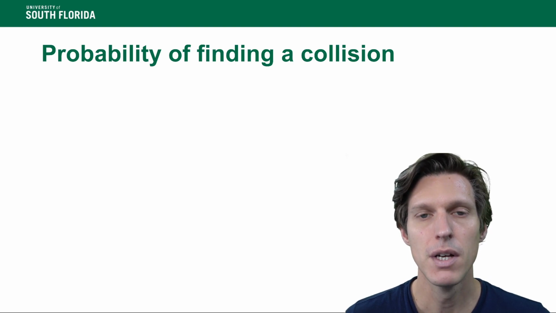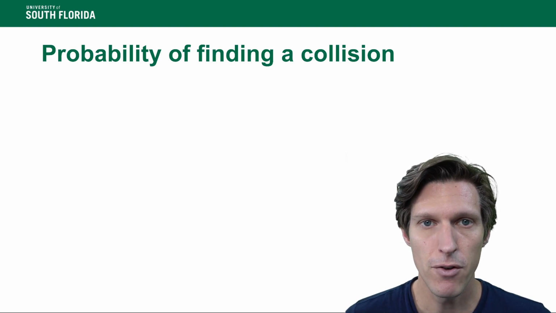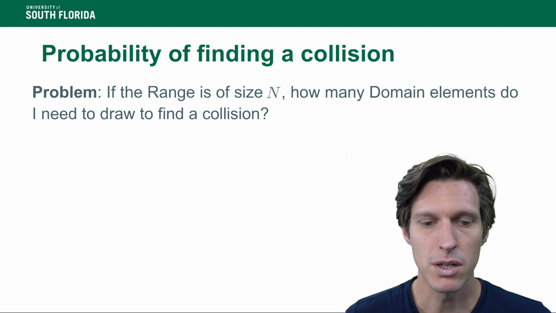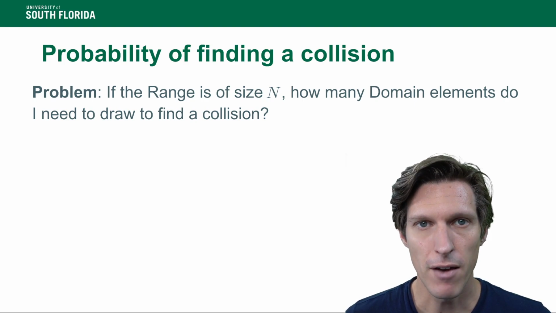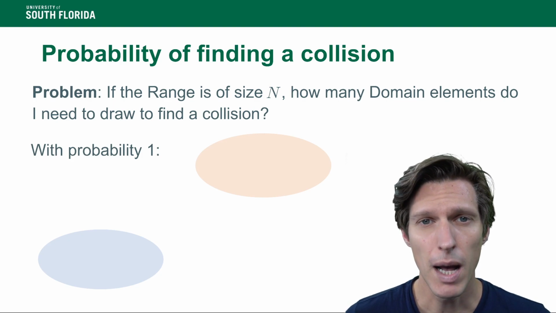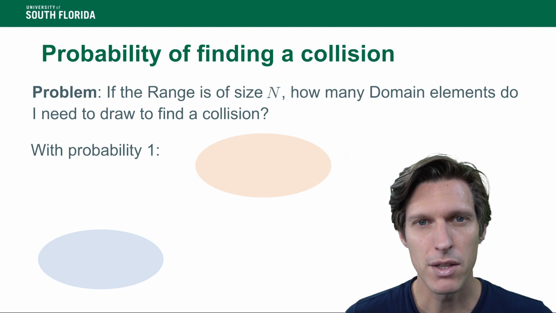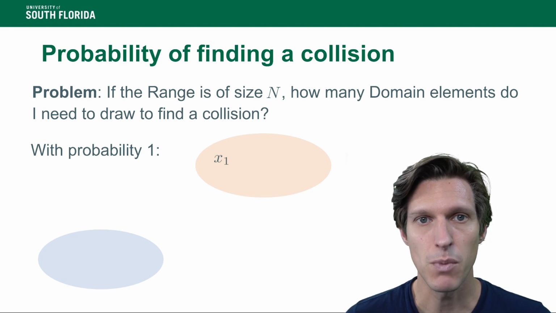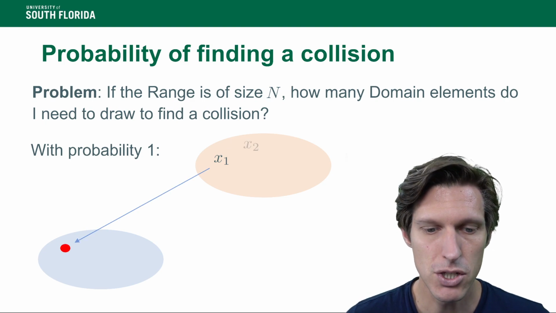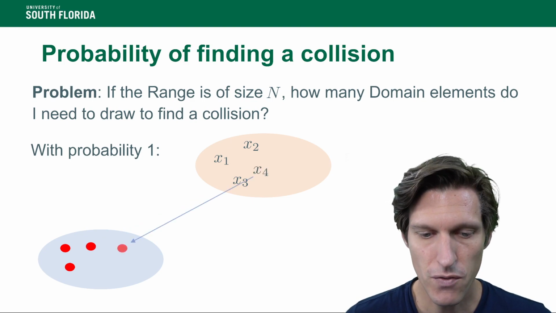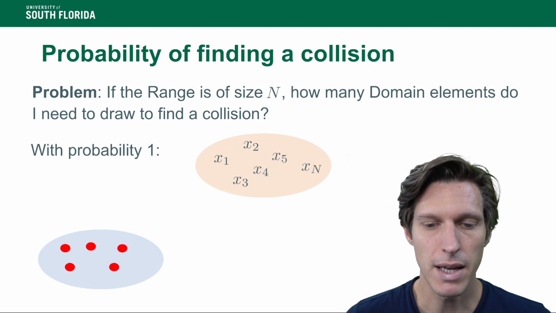So first off, if you're interested in the effort you need to find a collision when there is a range of size n, what kind of effort do you need to produce? Well, to be sure, so probability 1 means you're absolutely sure that you will find this collision, then you have to try every possible input, right? So you say x1 is my first input, I calculate the image, then I go with x2, I calculate the image, and I go with x3, and with x4, until I get xn, okay?